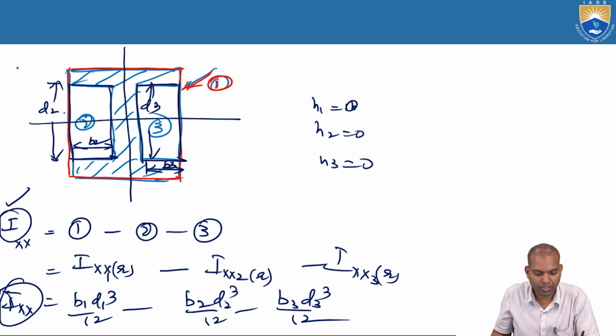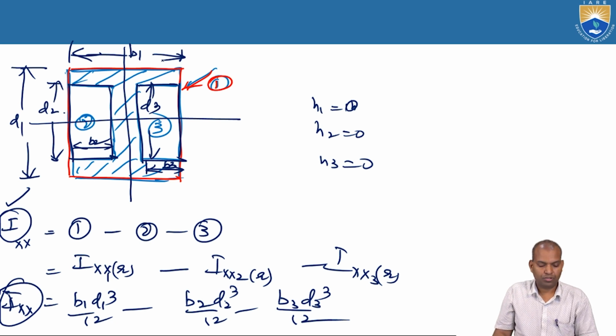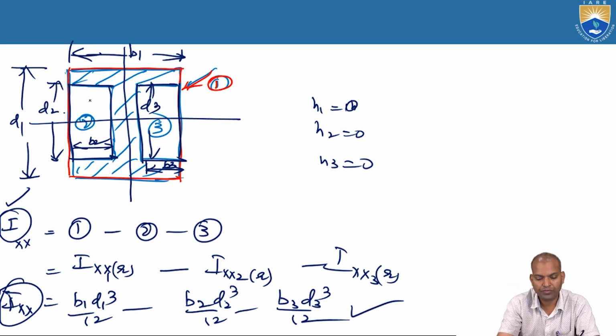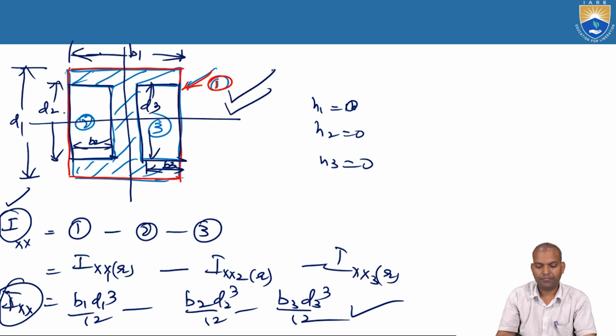B1 D1 cube. What is the D1 here? That is the D1. This is B1. So if you subtract here, we'll get it directly: the moment of inertia of the hollow section passing through the center of gravity parallel to the horizontal axis. Okay.